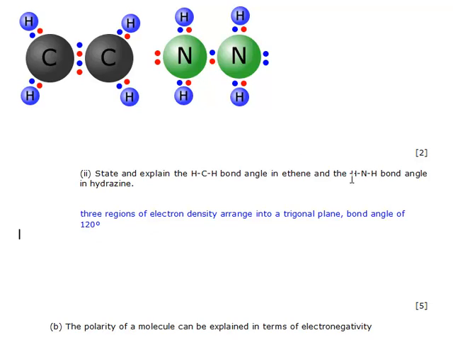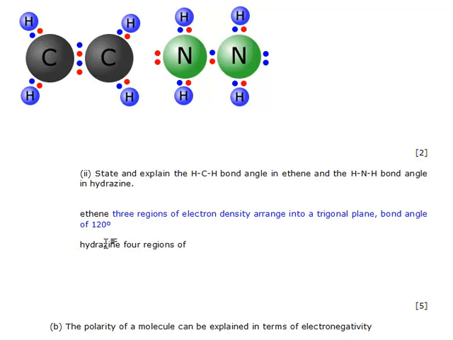In the HNH bond angle, however, there are 4 regions of electron density. Perhaps I should have said here ethene. Ethene, 3 regions of electron density. In hydrazine, there are 4 regions of electron density. So these arrange into a tetrahedral arrangement.